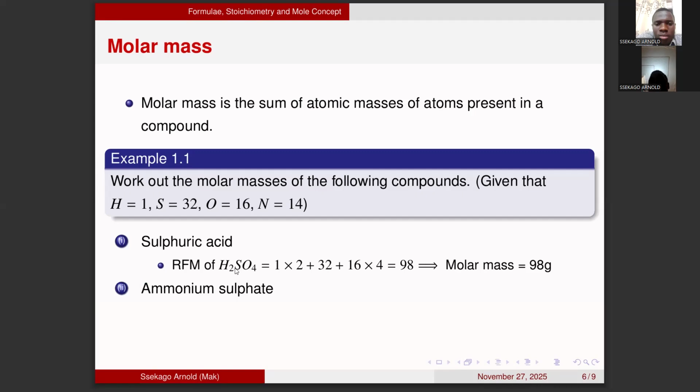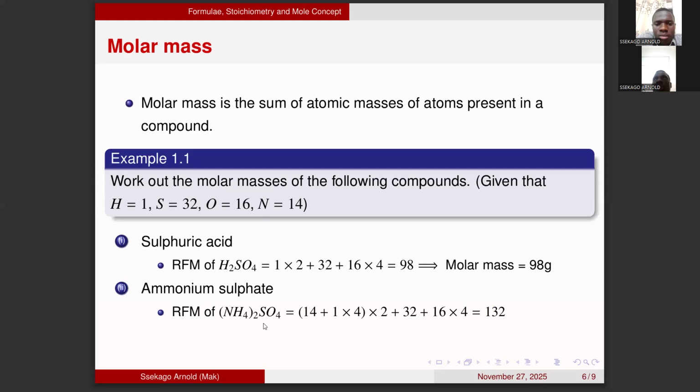Next, you have ammonium sulfate. The RFM of ammonium sulfate looks like this. It is made up of ammonium, which is NH4, then sulfate SO4. This 2 is coming from the valence of the radical of sulfate. Hope you recall how we formulate these formulae of compounds.